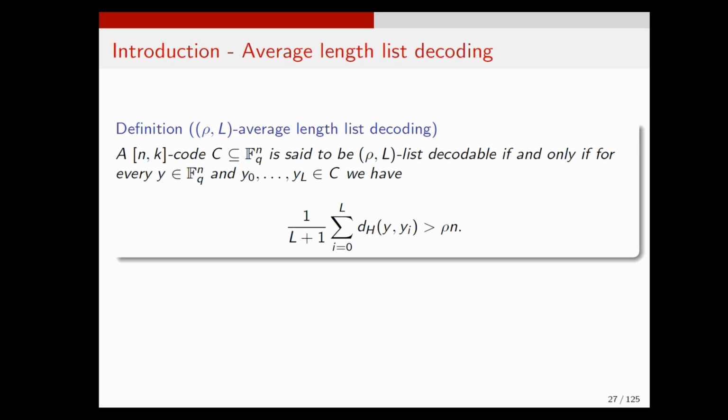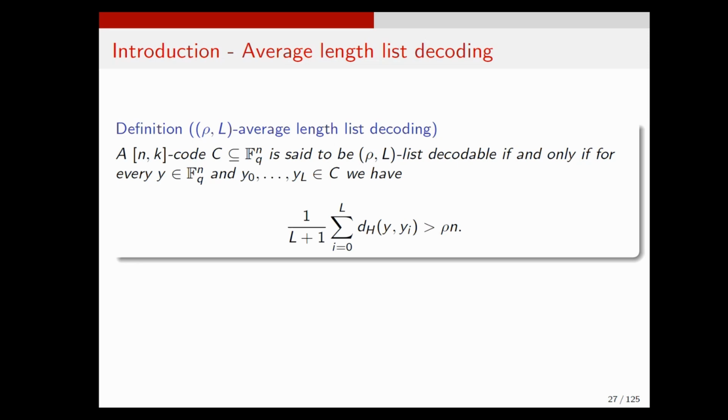Maybe it's worth mentioning that what we end up proving is not simply list decoding bounds, but something much stronger called average-radius list decoding. Instead of just saying you have a ball of radius rho times n and only L codewords in it, we say that within this ball, the average distance of the points is also bounded by rho times n.